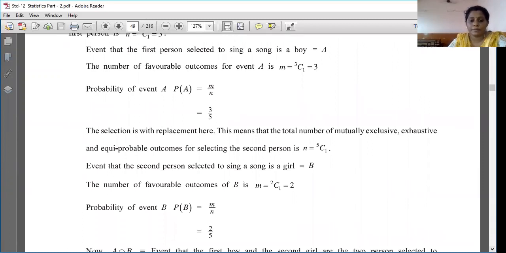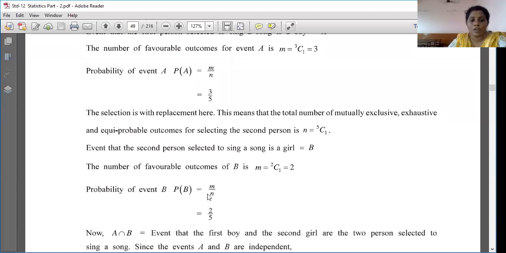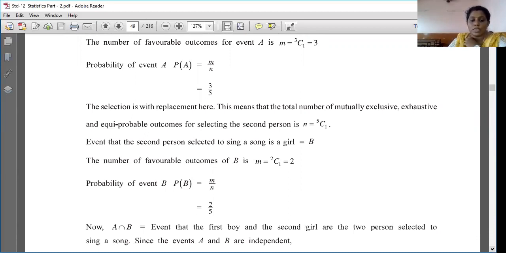So what is B? It is 2C1, which will be 2, since there are only 2 girls. So P of B will be M upon N, that is 2 by 5. Now the next thing is event A intersection B. What will A intersection B be? The event that the first is a boy and the second is a girl among the 2 persons selected to sing a song.